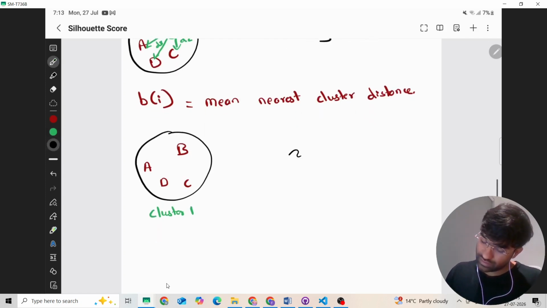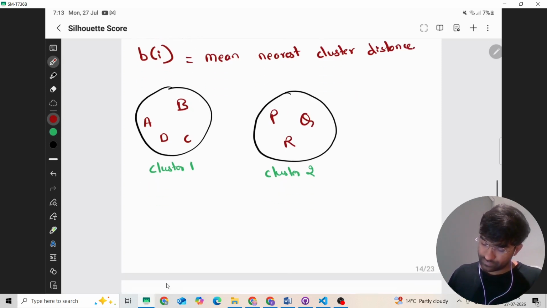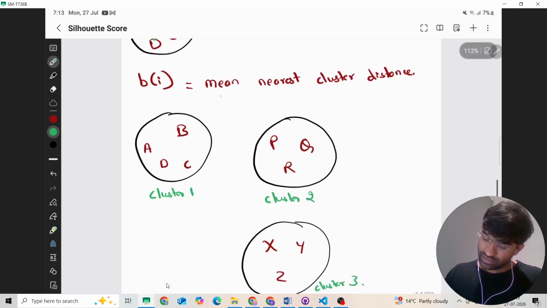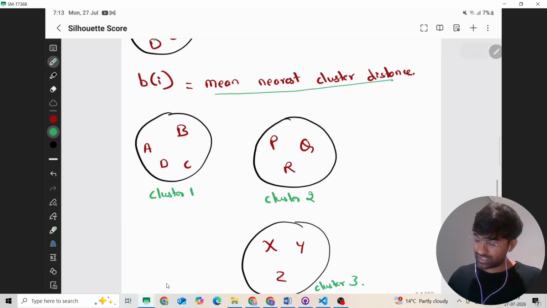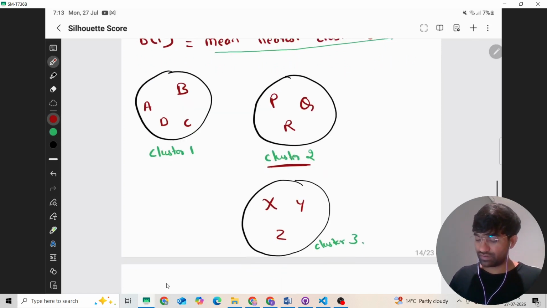Now this is our cluster 2 with points P, Q and R. And we have one more cluster here, that is X, Y and Z. This is our cluster 3. So B of i is the mean nearest cluster distance. Our nearest cluster is cluster 2, not cluster 3.